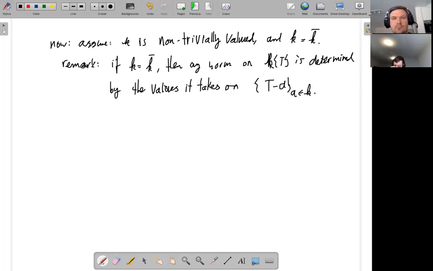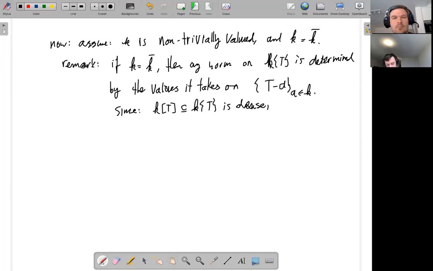Okay, so if we have a norm on this algebra k{t}, then it is completely determined by the values it takes on these linear polynomials. And that's since the polynomial ring which sits inside of this is dense.